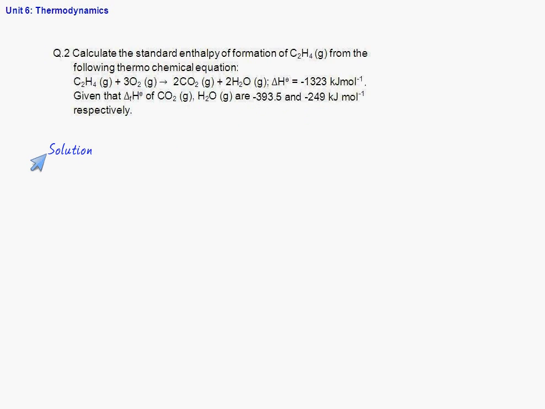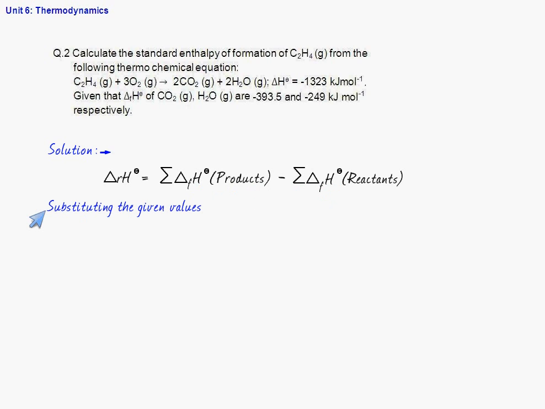Solution. We already know that delta rH naught is equal to summation of delta fH naught of products minus summation of delta fH naught of reactants. So substituting the values, we get minus 1323 is equal to 2 into minus 393.5 plus 2 into minus 249.0 minus delta fH naught of C2H4 plus 0.